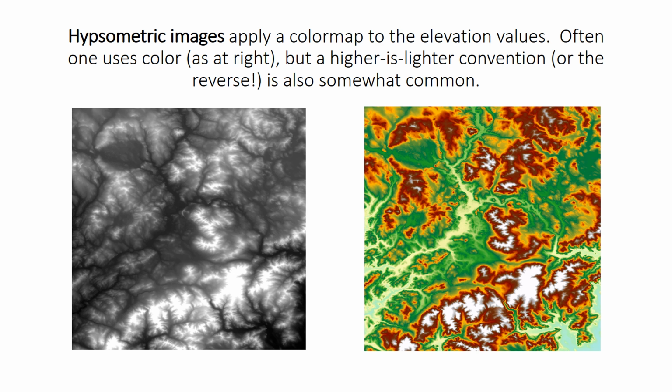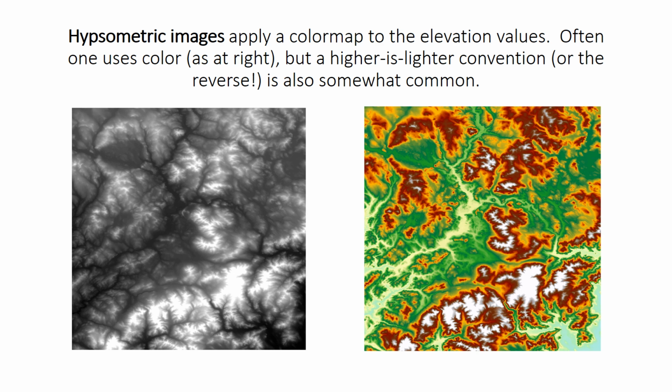This method of mapping elevation to color or gray tone is known as hypsometric tinting. While the image at right is the most common, any convention where you're mapping color to elevation is essentially a hypsometric image.